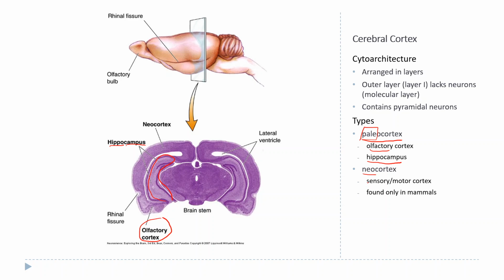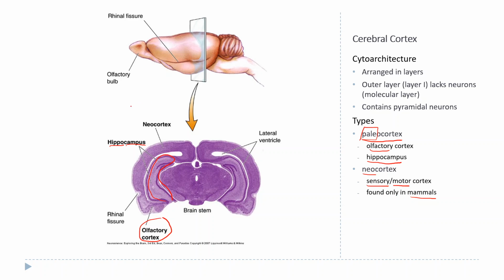In the neocortex is where you see most of the sensory processing regions, and also the parts of the cortex that directly control the muscles, called the motor cortex. This region, pretty much by definition, is only found in mammals.